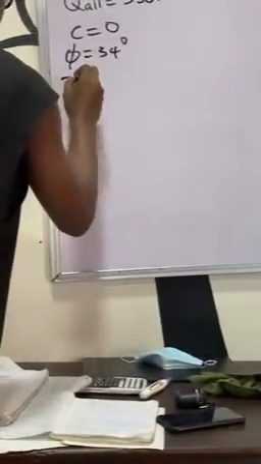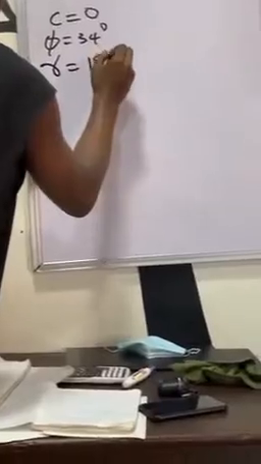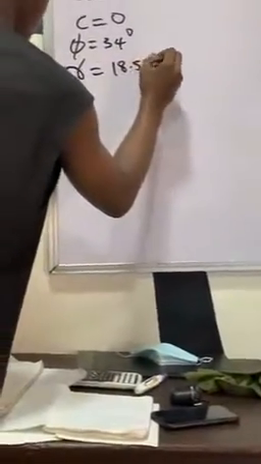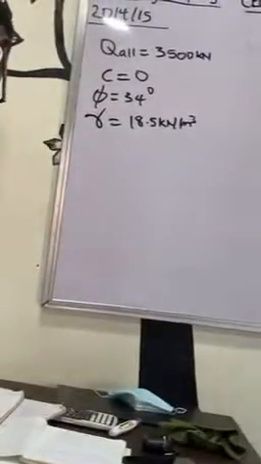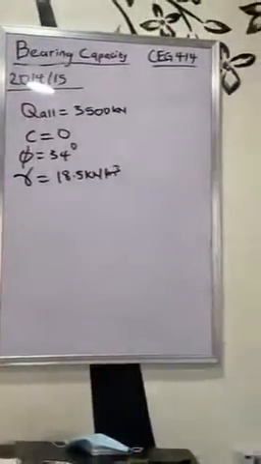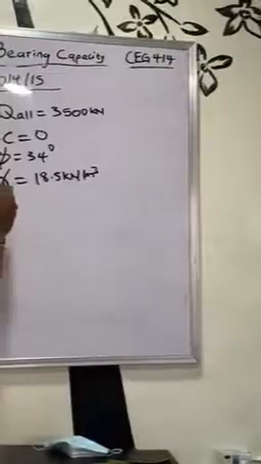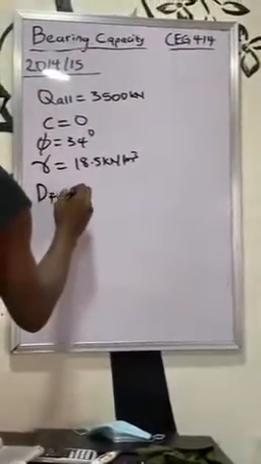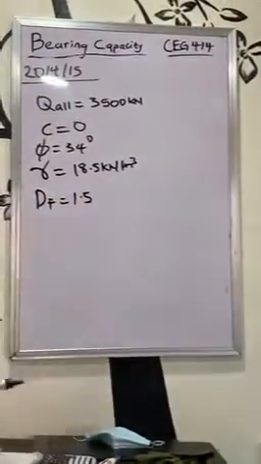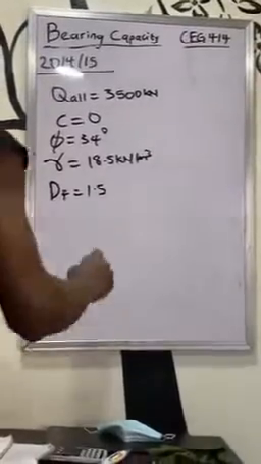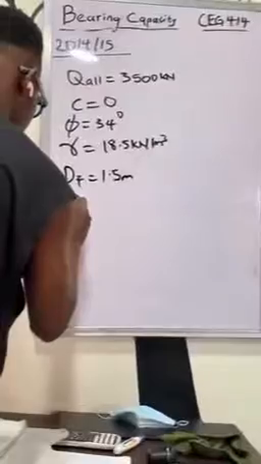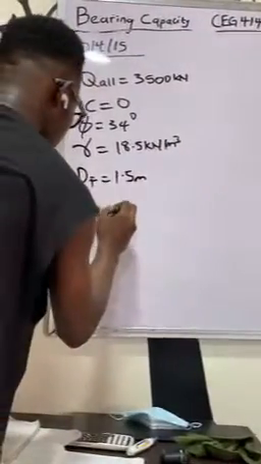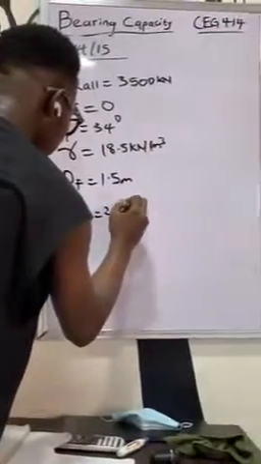So the unit weight gamma is 18.5. The footing is to be located at a depth of 1.5 meters below ground level. That is Df equals 1.5 meters. And the footing size is given as 2 meters by 2 meters.